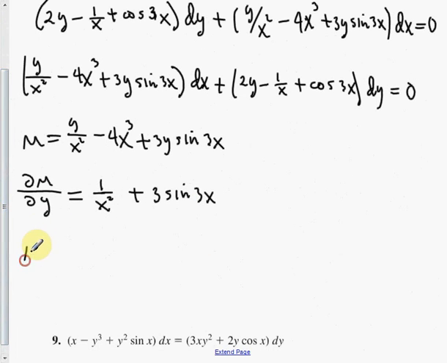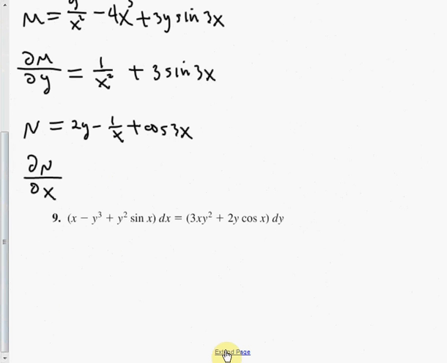So now, what about n? N is that 2y minus 1 over x plus cosine 3x. So the partial of n with respect to x. Here we take the derivative of 2y with respect to x, that's just 0.